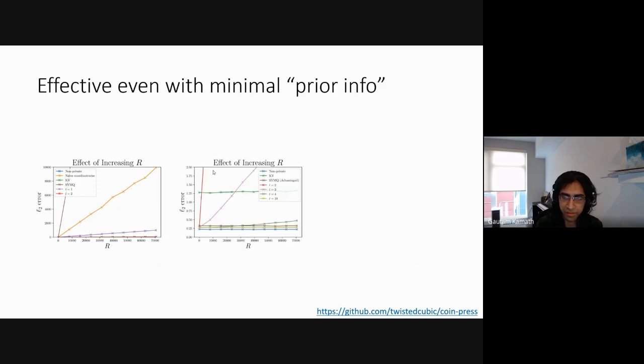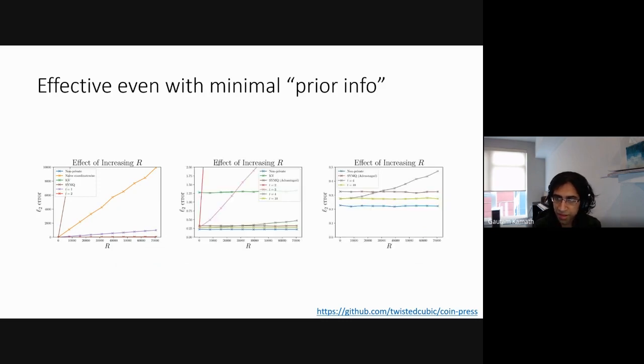So what do I want to show you? We have a lot of things here, but essentially, remember I said you have to set this T parameter to be roughly log R, but 2 or 3 works in practice in many cases. But what we did in this case was we really set R to be super, super large, like unreasonably large, where the true signal is maybe just a Gaussian with identity variance, but we set R to be something like 70,000.